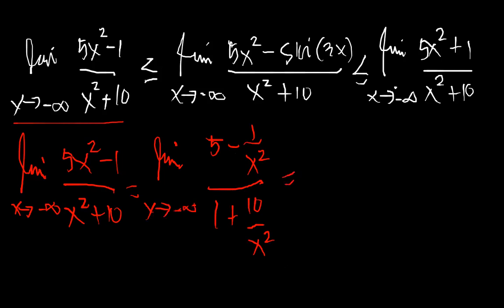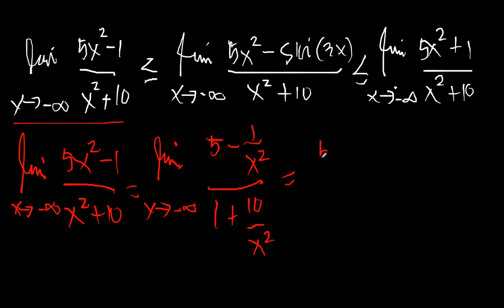Now since this is negative infinity, we need to be very careful. However, since the variables x are with even power, that's 2 and 2, the negative infinity will just be positive infinity.